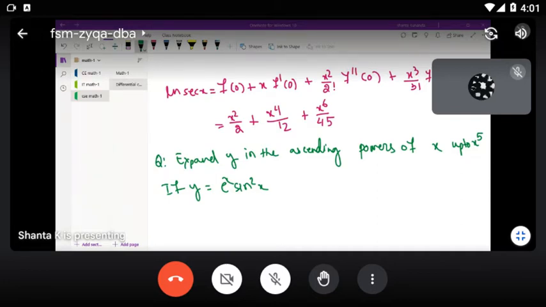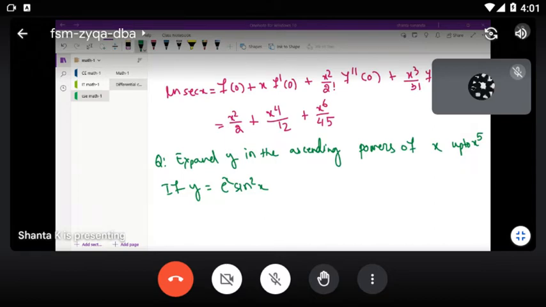The important thing is you should understand the concept. Here also multiplication is there, but you go for the series, like I did. You can consider the series of the exponential and sine square x, multiply and find out up to x power 5.